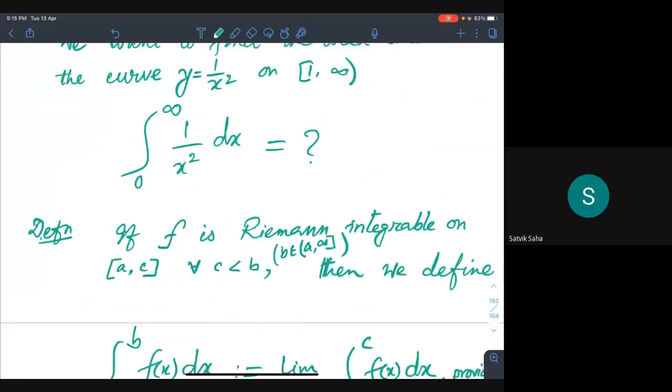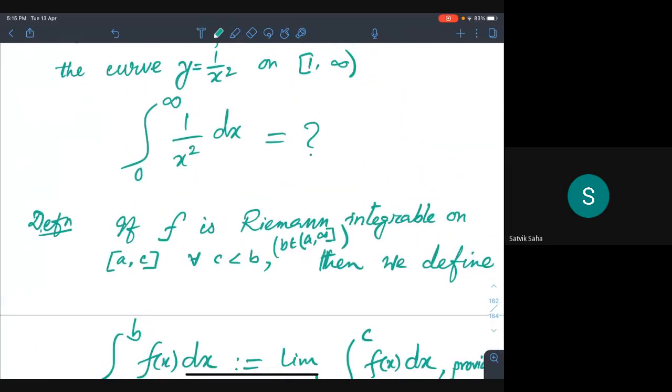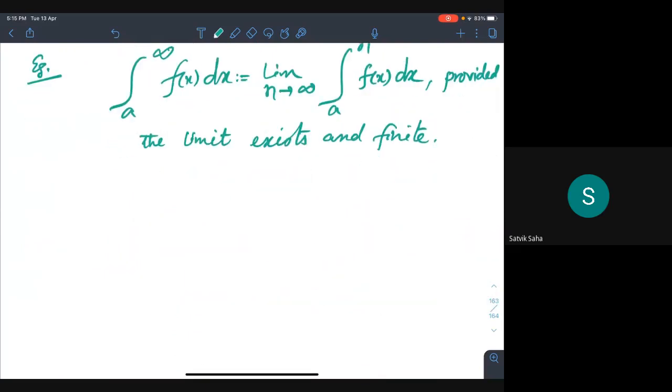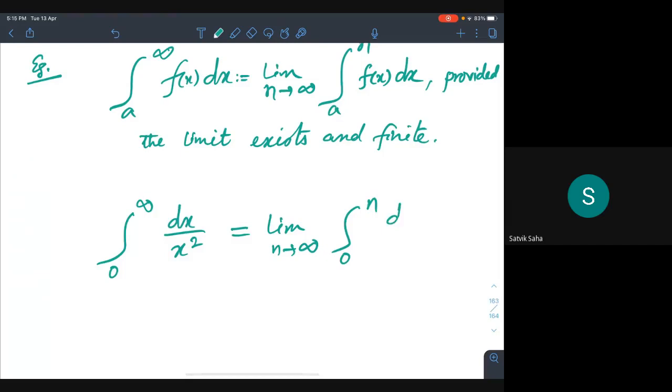Right. So now let us come back here. So integration 1 to infinity dx by x square is, of course, we want this one: limit n tends to infinity, integration 1 to n dx by x square. Sir, our main aim was to calculate the area from 1 to infinity, right?